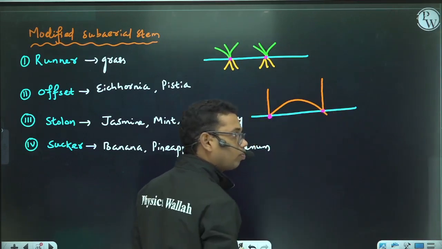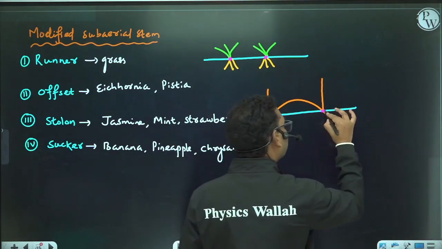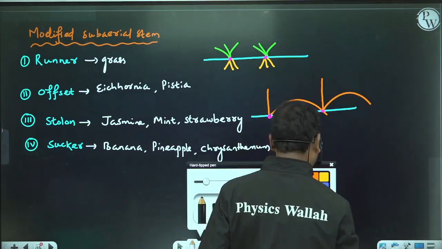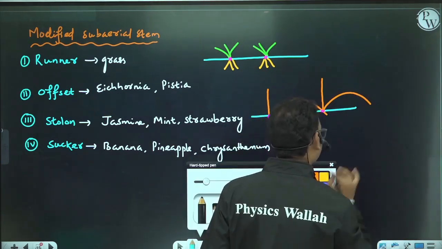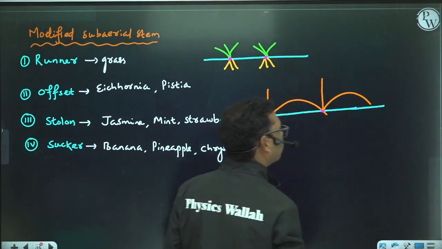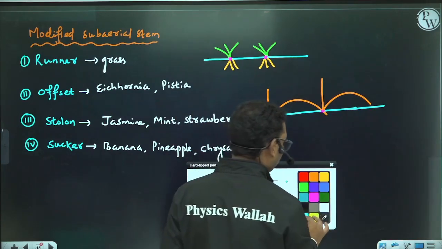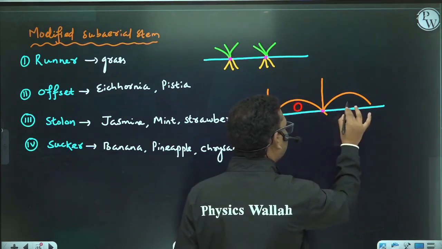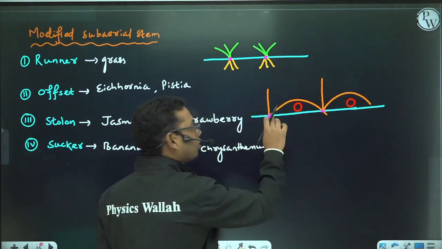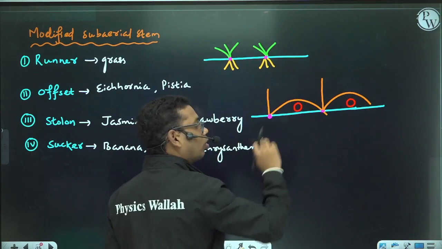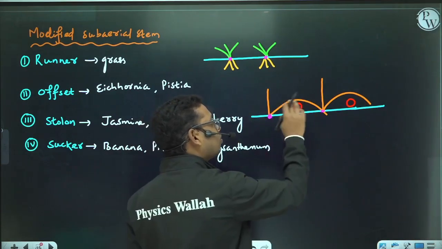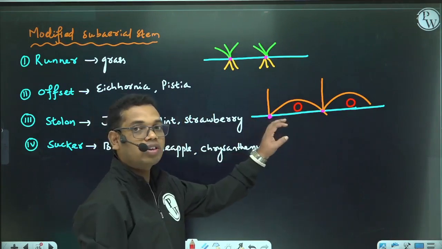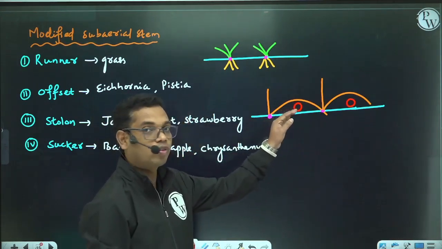Here again the new branch will develop like this, and it will again touch the soil surface. If you keep a small obstacle here, this stem is overcoming the small obstacle. Why? Because this stem is growing just like an arc, that is why it can overcome small obstacles.